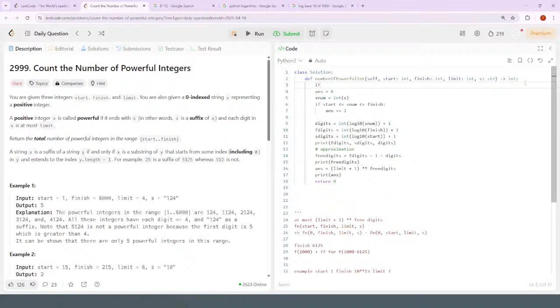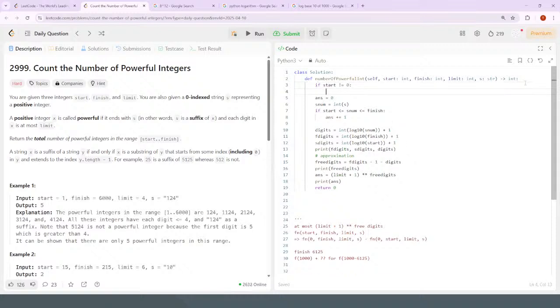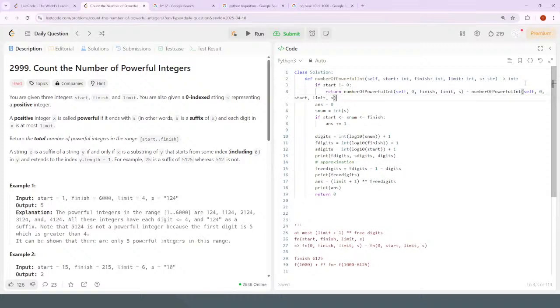All right, so let's say, non-powerful. Let's say now, if start not equal to 0, then return this thing, self, 0 to finish limit s minus 0 to start limit s.